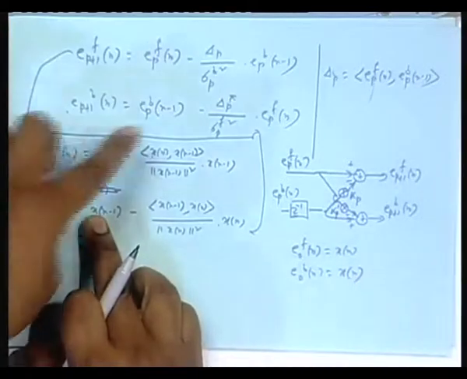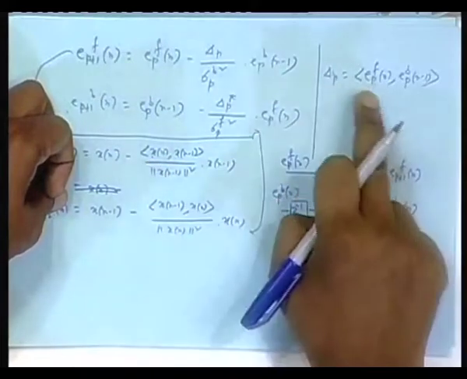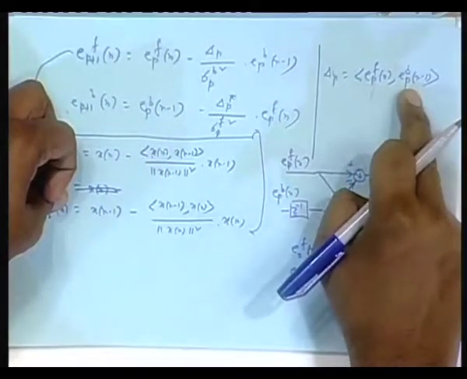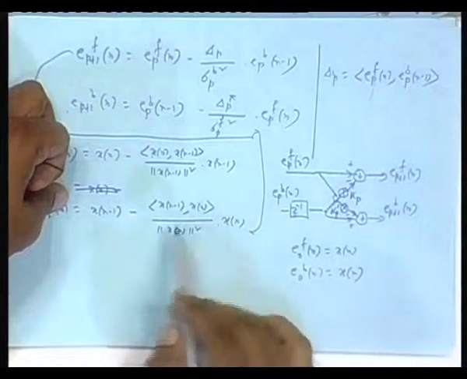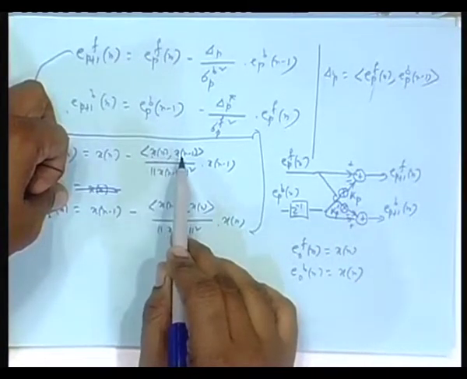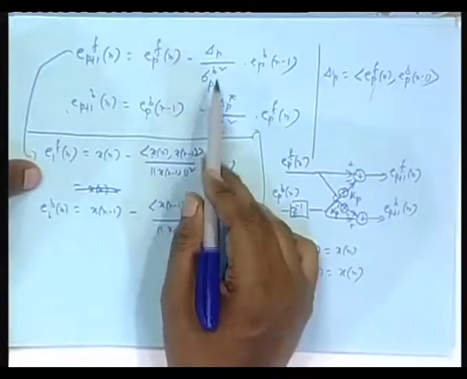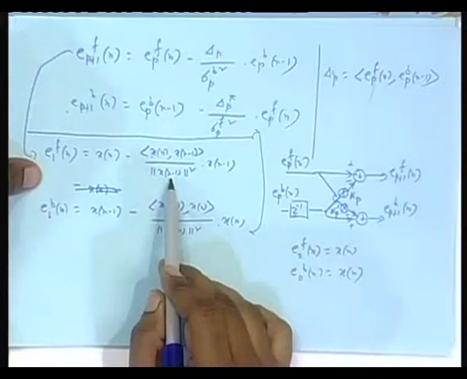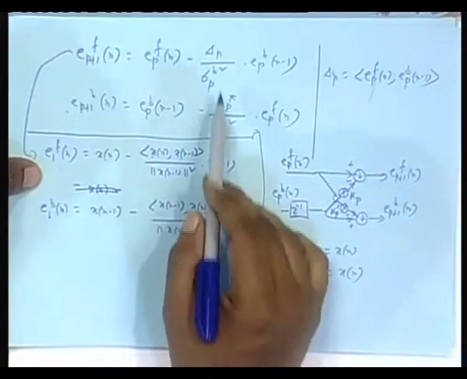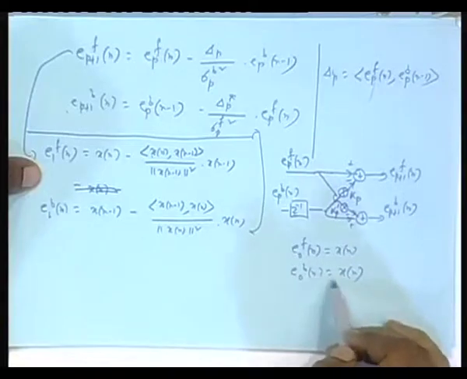That means E0 Bn minus 1 coming. Now delta P, look at this, it should be E0 Fn, E0 Bn minus 1. You see, E0 Fn, E0 Bn minus 1. All these things are coming, right? Sigma P B square. That means norm square of what? E0 Bn minus 1. That is Xn minus 1 only.